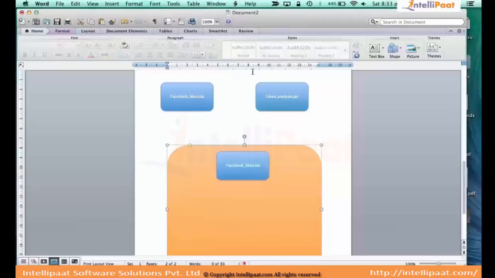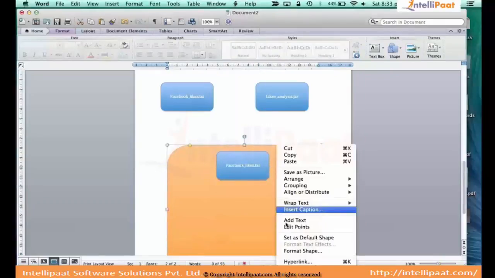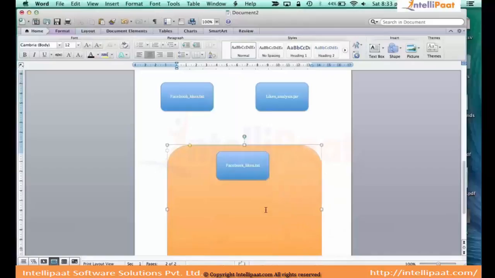So this is server 1, which is the master, and I'll have to align it to the top.